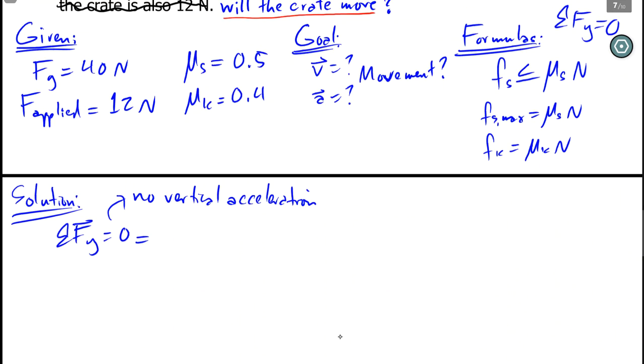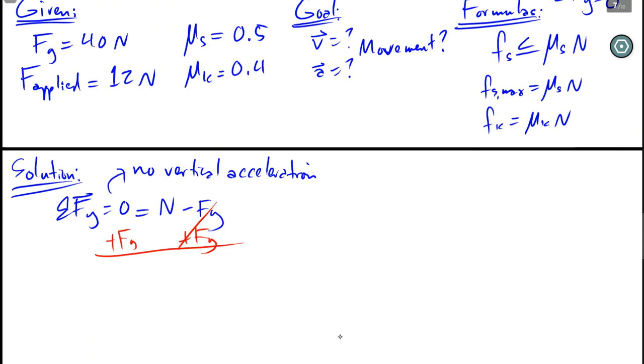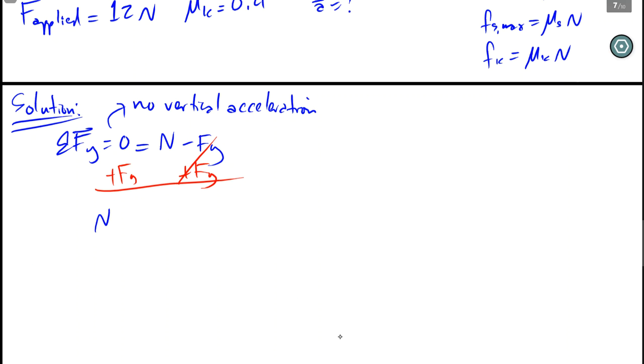I like to use capital N minus Fg in this case. So if I add that to both sides, this actually proves that the magnitude of the normal force is equal to the magnitude of the weight. That allows you to substitute it into the friction formulas.